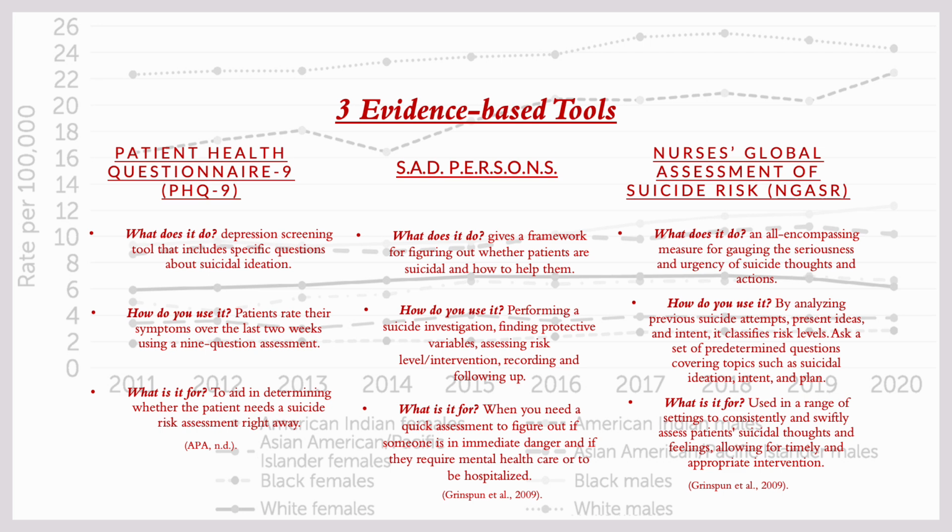The patient is given a risk rating based on their responses, which then determines the course of care. It's used in a range of settings to consistently and swiftly assess patients' suicidal thoughts and feelings, allowing for timely and appropriate intervention.